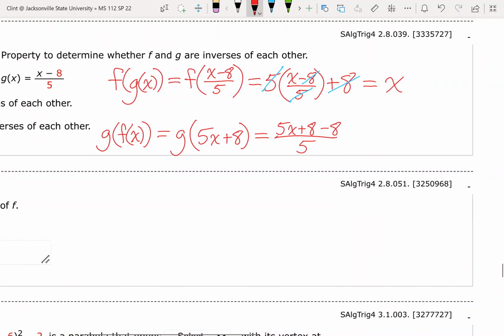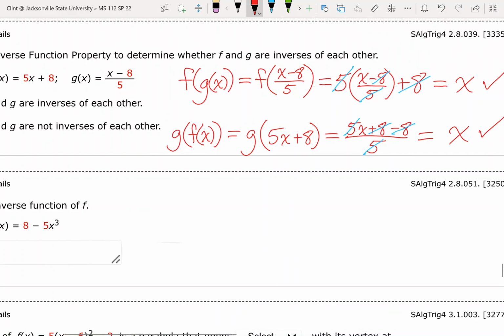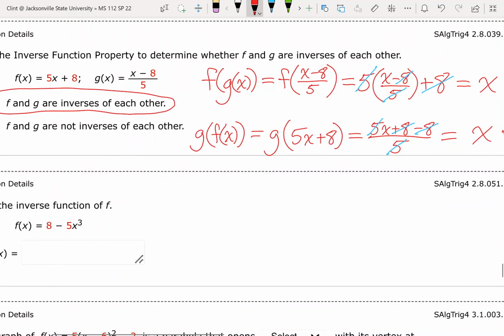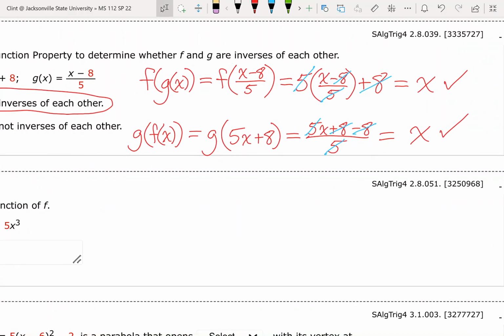And then what happens on this one? Plus 8 minus 8, those cancel. And then 5 over 5 cancels. We just get x. So on both of these, we just got x. So that means these are inverses of each other. If we got something else on either one of them, they're not inverses.